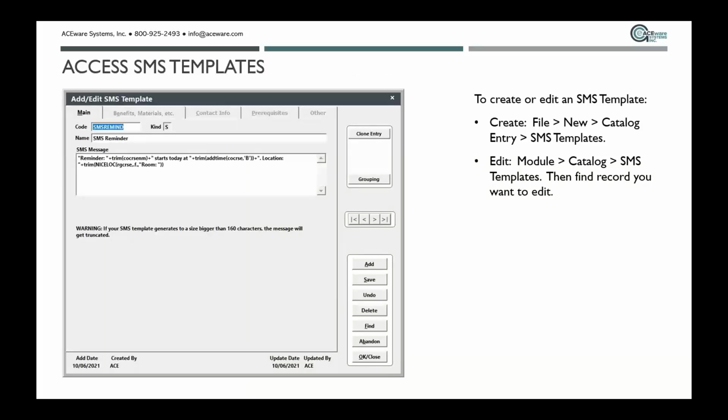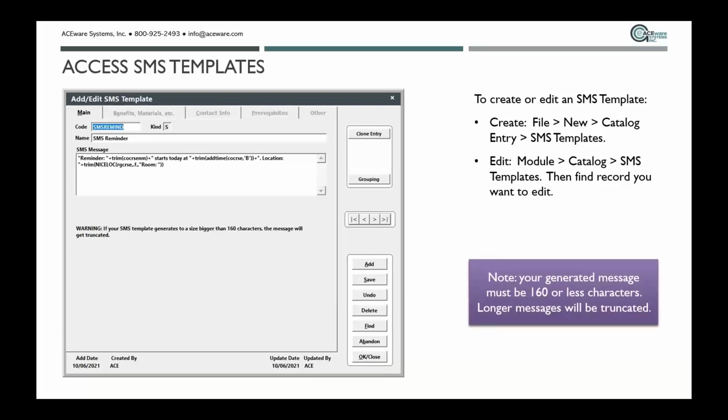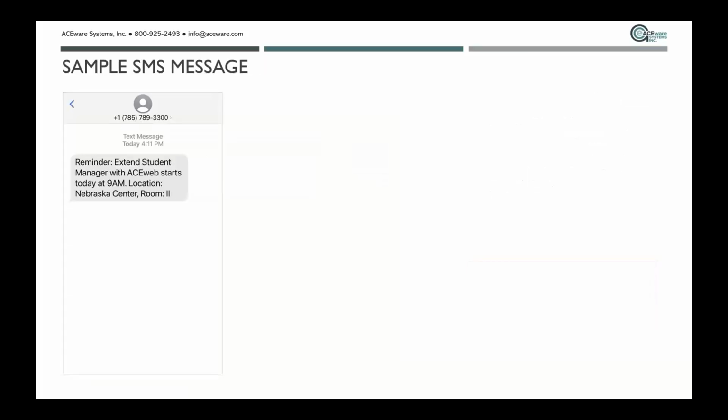What the template looks like is just a simplified element of the catalog builder, kind of the main screen. It gives you a message element, gives you a title, and again, the warning that it is limited. Your text messages in our tool are limited to that 160 character limit.